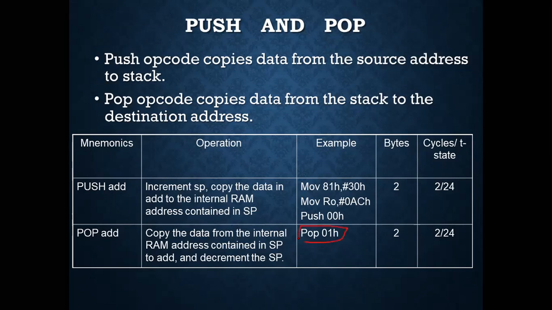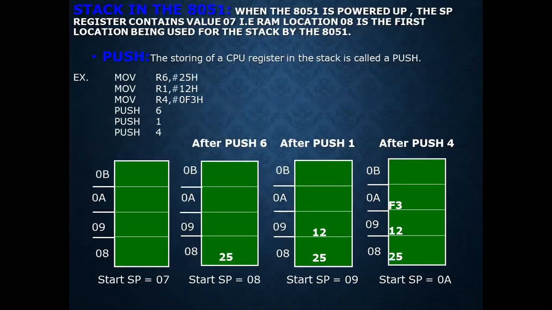If the instruction is pop 01H, and the data ABH is stored at the top of the stack, then after this instruction ABH is moved into the 01H memory location in the internal RAM, and the stack pointer is decremented by 1. Clear? Just look into this instruction and the figures.